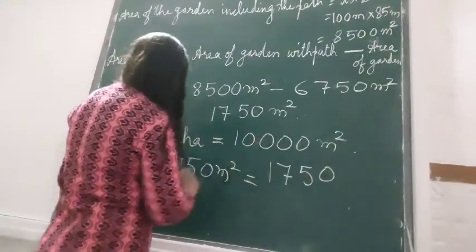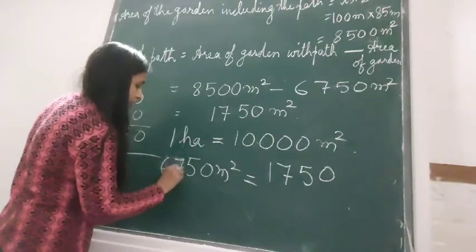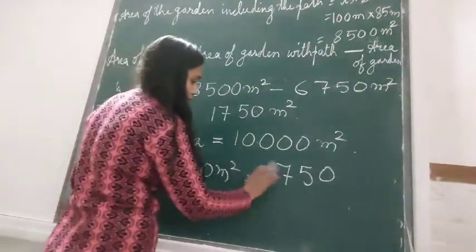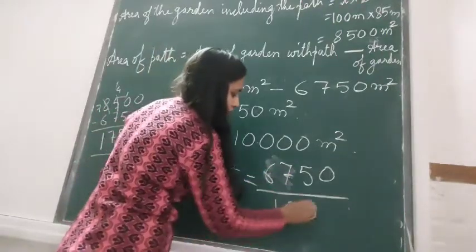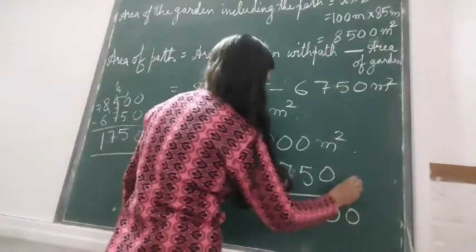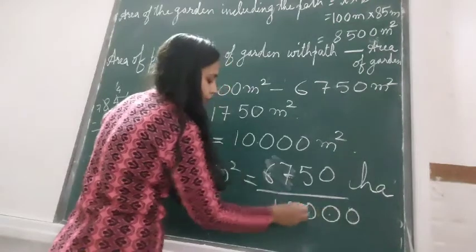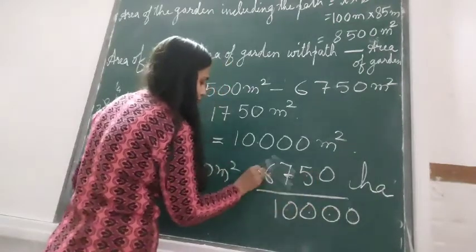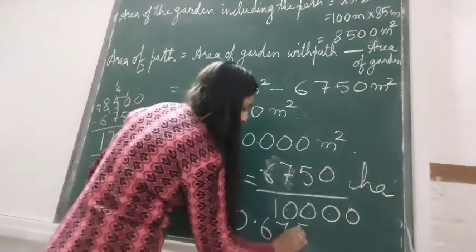No, 6750. Children, area of garden has to be converted. Hectare. Now we will put the decimal 1, 2, 3, 4. 1, 2, 3, 4. So the answer is 0.675.